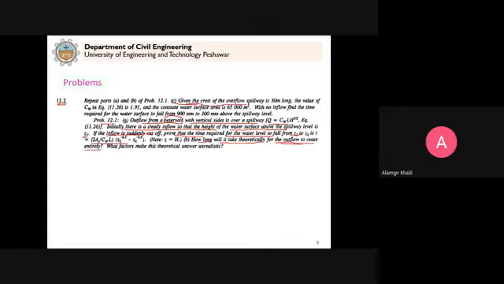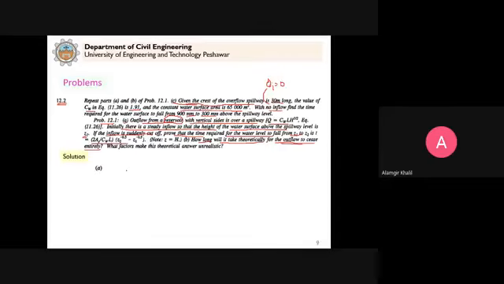The crest of the overflow spillway has a length of 30 meters, the coefficient of weir C_W is 1.91, and the surface area of water is 65,000 square meters, with no inflow, so Q_I is 0. Find the time required for the water level to fall from 900 millimeter to 300 millimeter.